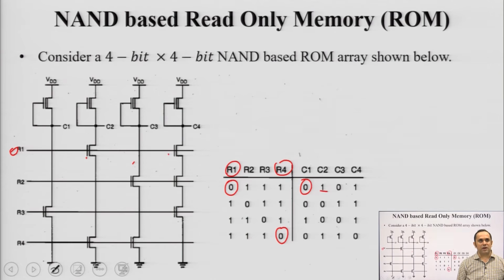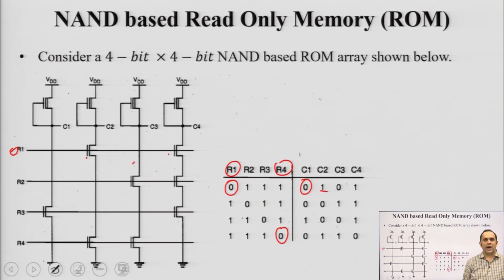You can implement a read only memory using two approaches, one is a NOR based approach, another is a NAND based approach. In a NOR based ROM, the presence of an active device helps you to write a logic 0, and absence helps you to write logic 1. The opposite is true for the NAND version of a read only memory.